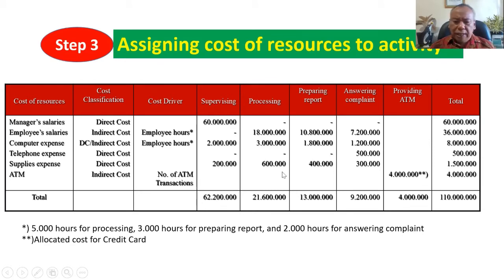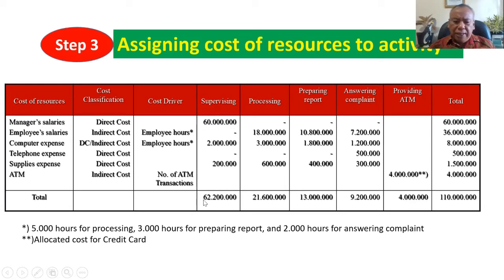And then we can change the information from before, which was based on the cost of resources. Now the information is the cost of activity. So we have the total cost of supervising 62,200,000, processing 20,600,000, preparing report 13 million, answering complaint 9,200,000, and providing ATM 4 million.